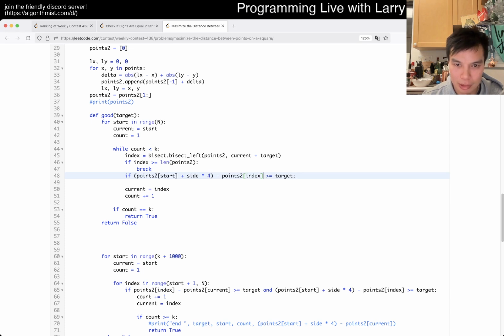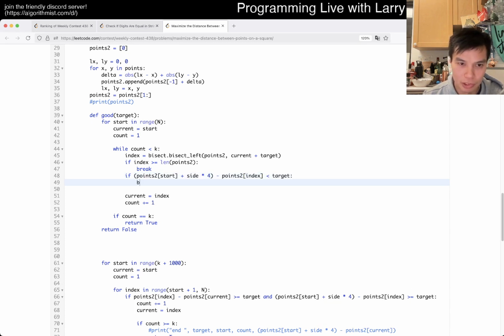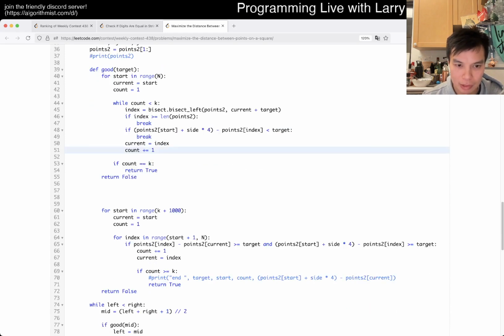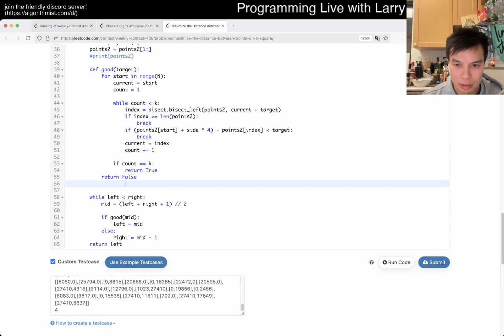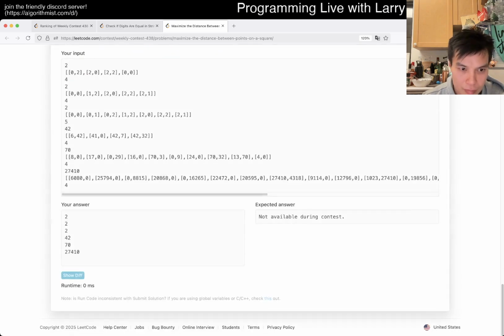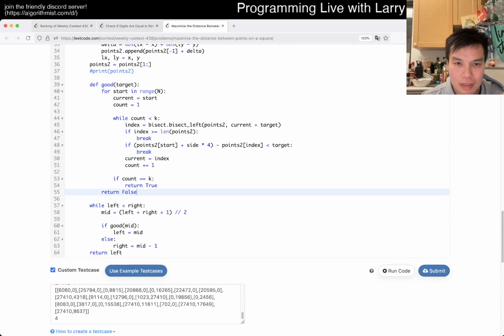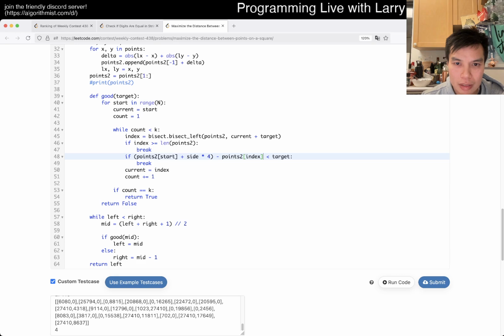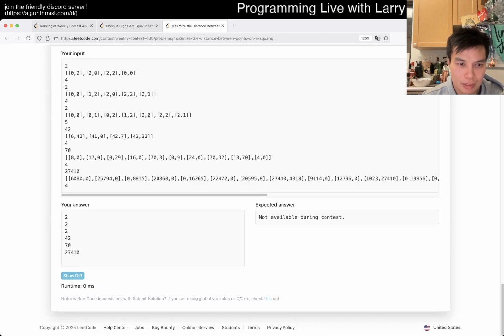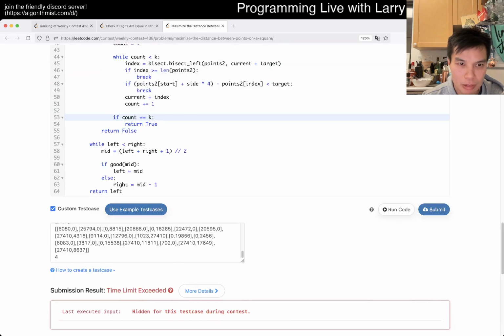So that means that if this is less than target, then we also break and don't increment, right? Is that not it? Start, right? Well, at least this is wrong for this one, so that's good.